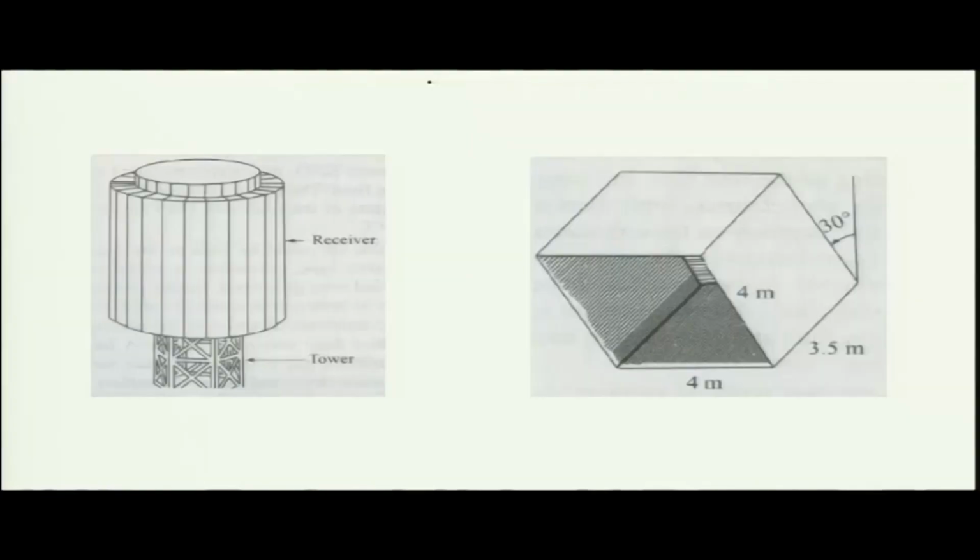Okay. That is how a heliostat would look like, and in the receiver part what we have is the tower, and on top of that we have the receiver. So, these are receivers, and there can be two different kinds of receiver. One is called external type and the other one is called cavity type.